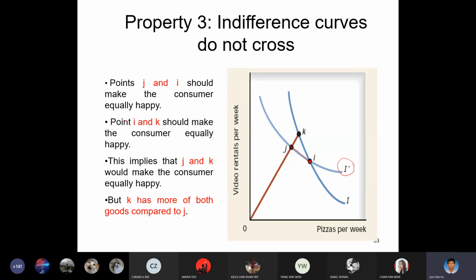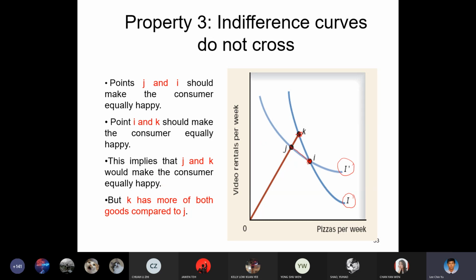And if you compare I and K, because they are also on the same indifference curve, they also give you the same level of utility. So if we summarize by saying that J and K will make the consumer equally happy, is it true? The answer should be false.